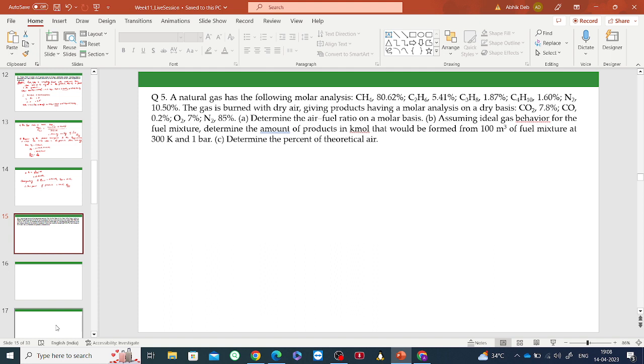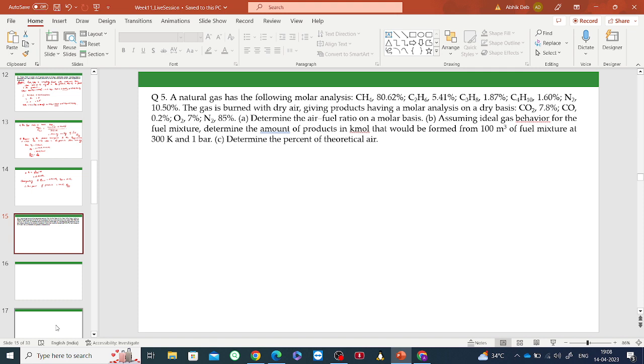A natural gas has the following molar analysis: CH4, that is methane, 80.62%, ethane 5.41%, propane 1.87%, butane 1.60%, and nitrogen 10.50%. This gas is burnt with dry air, giving products having a molar analysis on a dry basis.